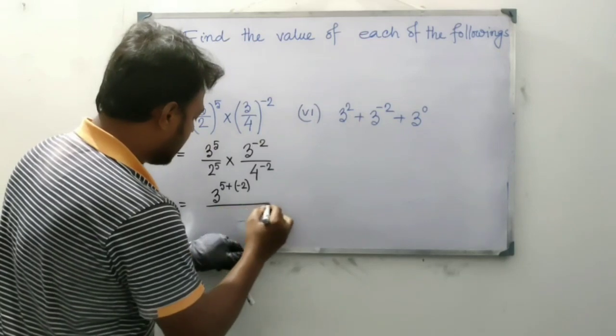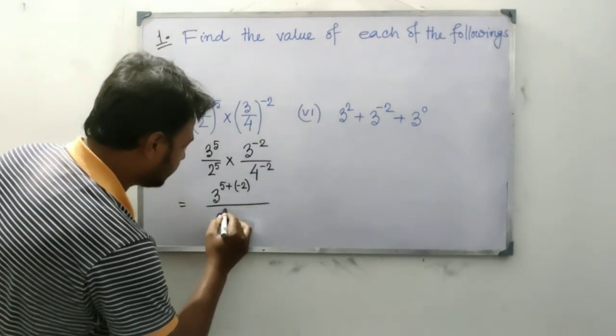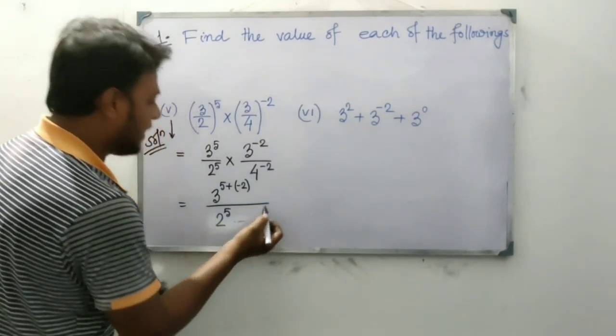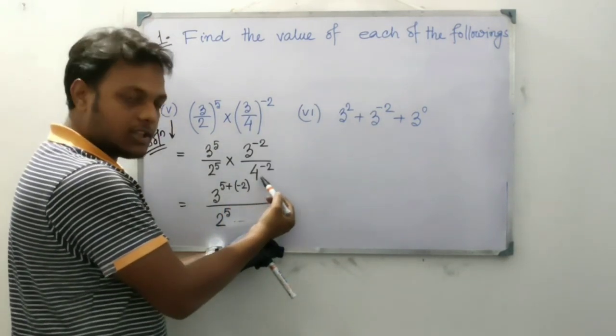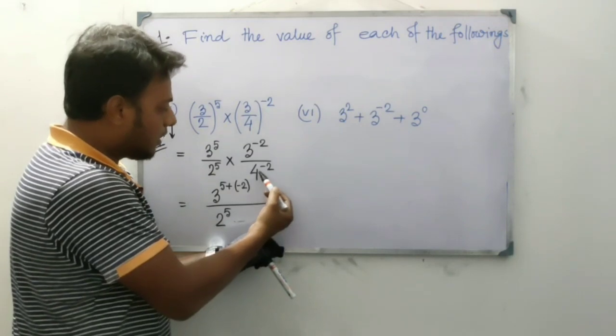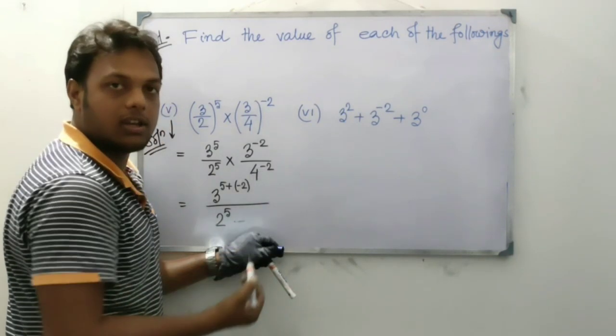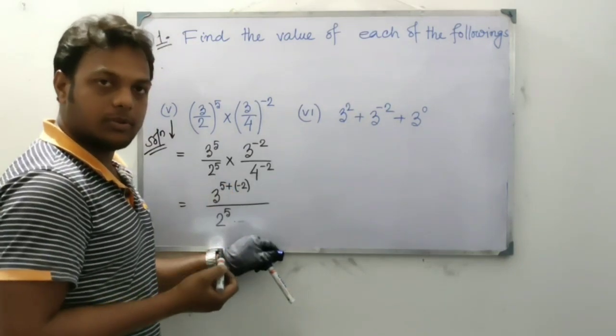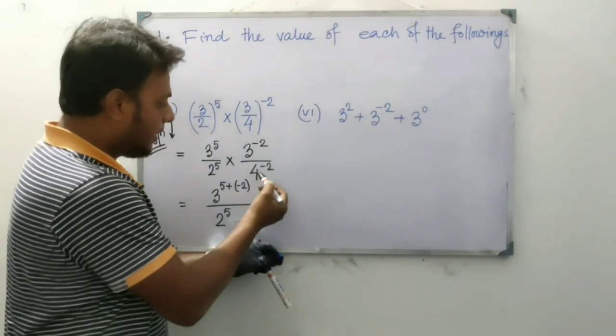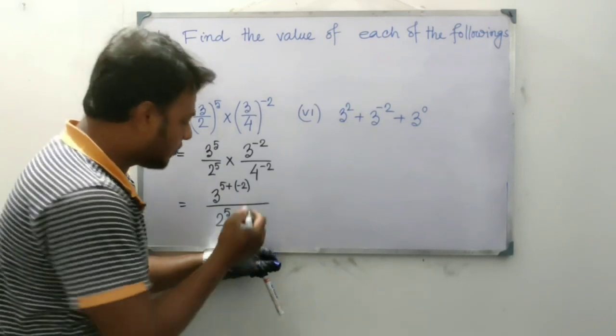Understood? And for the denominator, 2 to the power 5, now we'll express, since here the base is 2 and for the second exponent the base is 4, so we will convert this base 4 into the base 2. Is it possible? Possible. Why? In the place of 4 we can write 2 square.